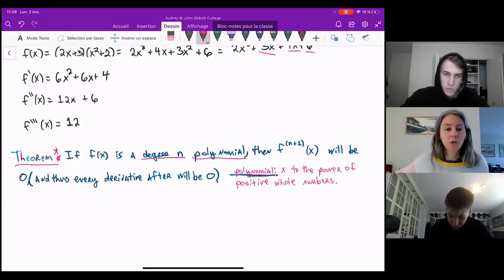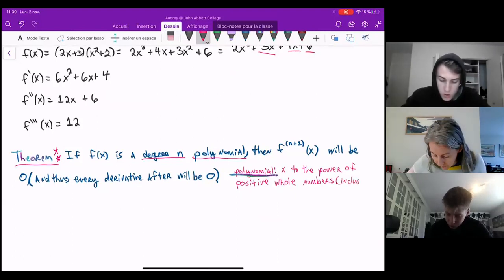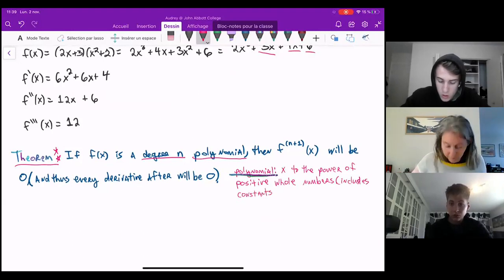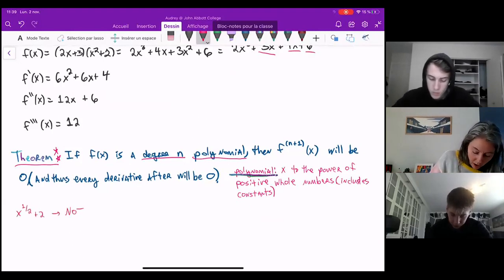So that plus 6 there is a constant that counts as a polynomial. So we just said x to the 1/2 plus 2 is not a polynomial.